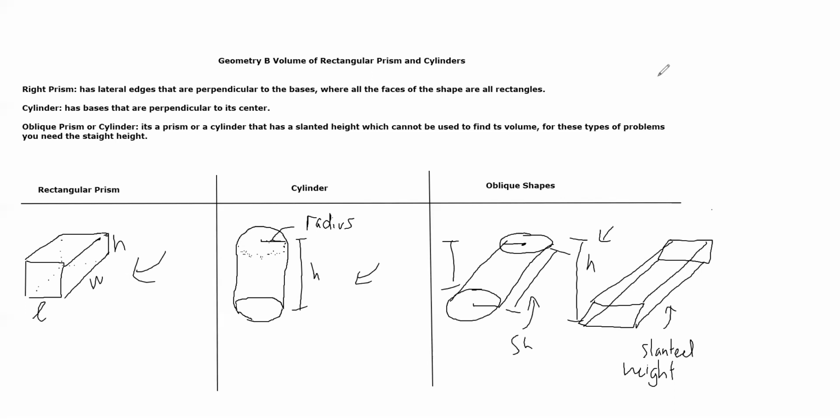And no, they're not the same thing, because what you'll see when you see the formula is that a lot of the times the height in and of itself is what we're supposed to be using. However, if you use the slanted height, it ends up throwing off your numbers, and it makes it seem as if your shape has more volume than it actually has. And then that could throw off a lot of calculations, and that can be bad, right? So just keep in mind, these are the three different ones that we're going to be focusing on.